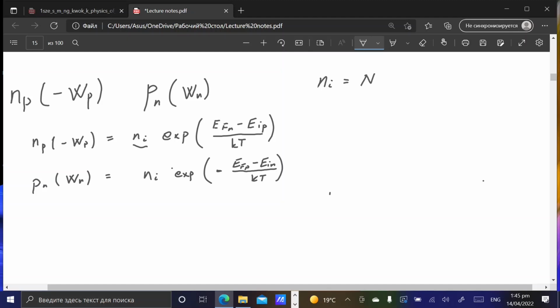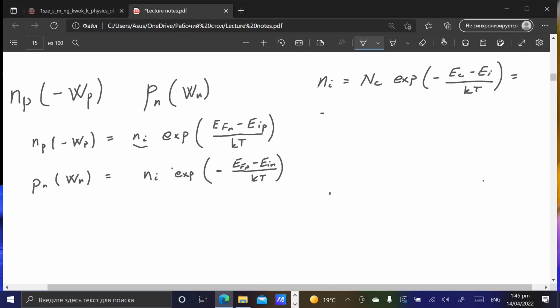equal to N_c, the effective density of states at the bottom of the conduction band, times exponent minus (E_c minus E_i) divided by kT, meaning when our Fermi energy level is located at the middle of the band gap.